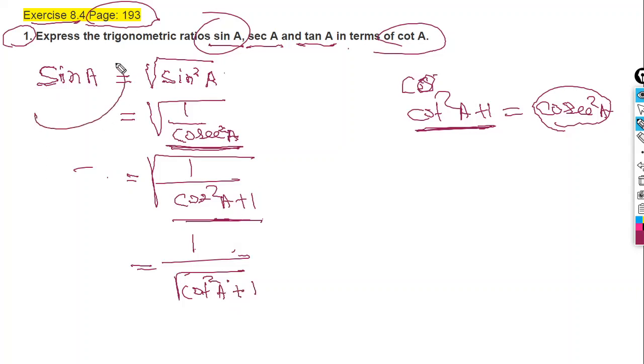So sin A equals 1 by root over of cot square A plus 1.